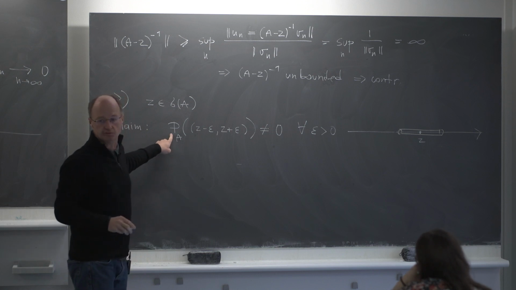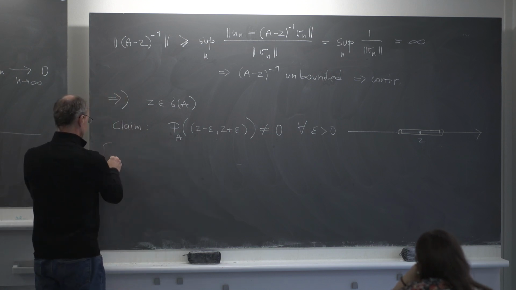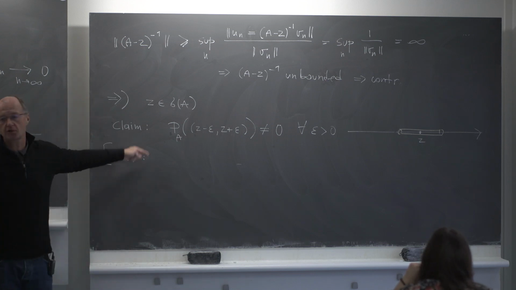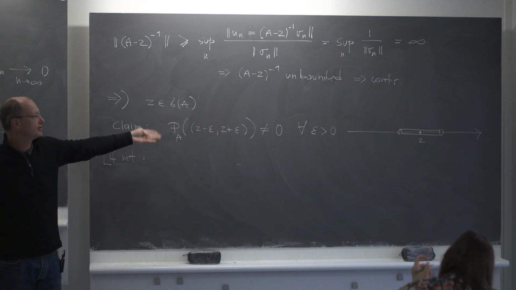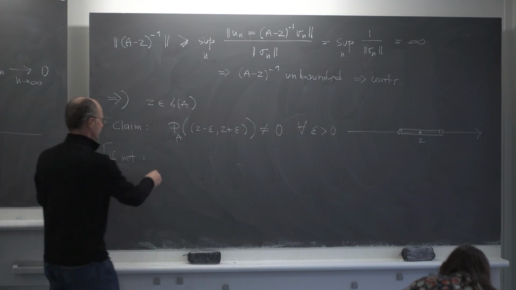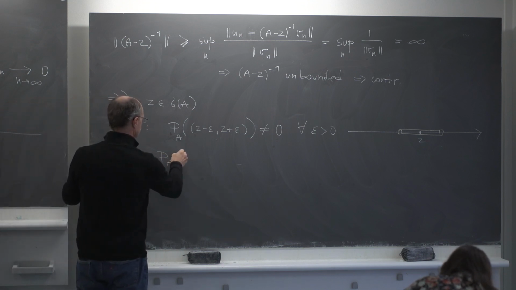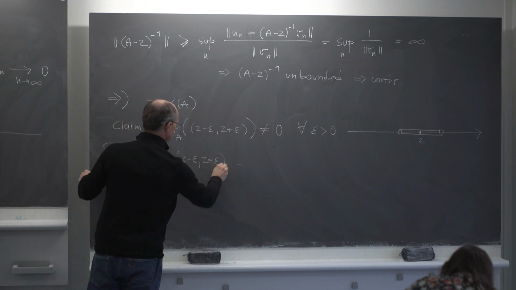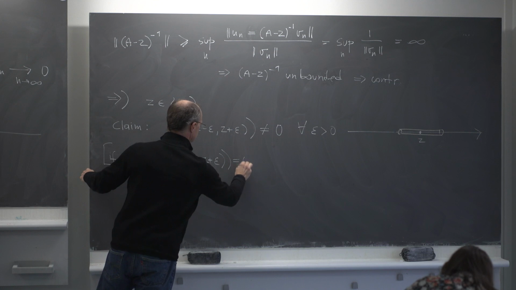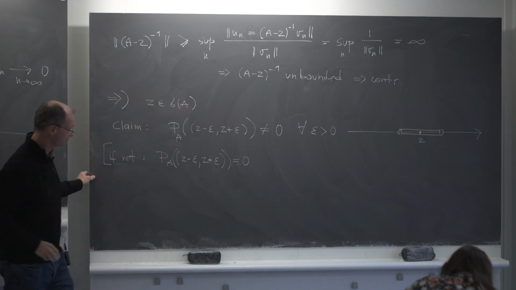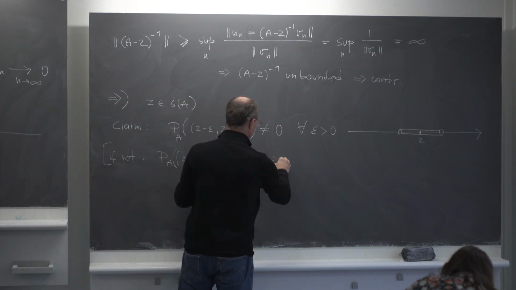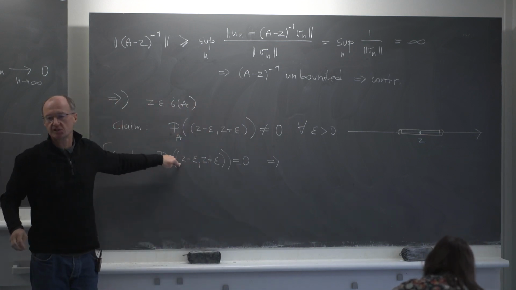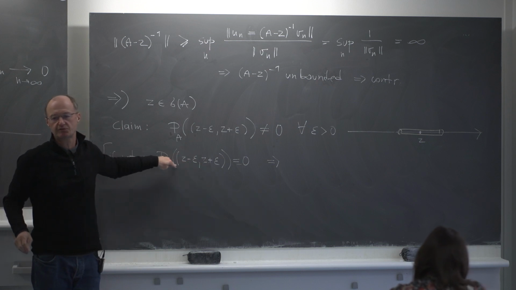So why is it true? That's because of the following. Assume this is not the case, right? There is some epsilon for which it's 0. But then, in fact, it will turn out that Z is not in the spectrum. It is in the resolvent set.